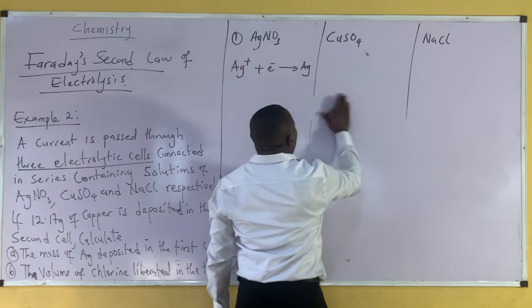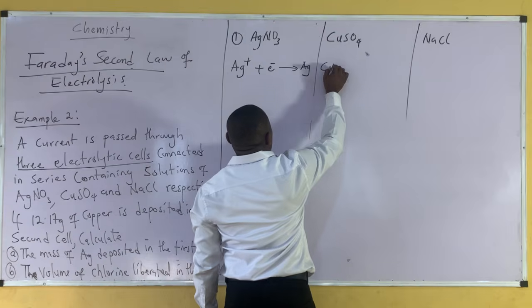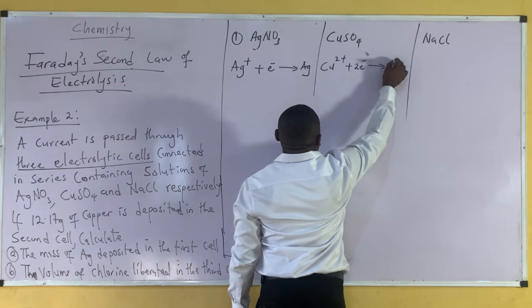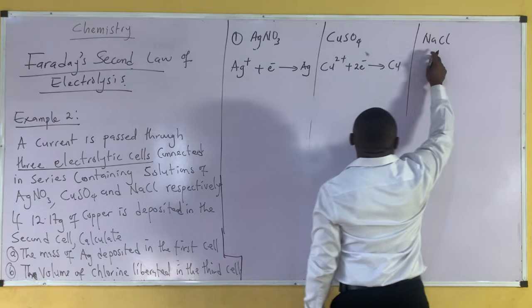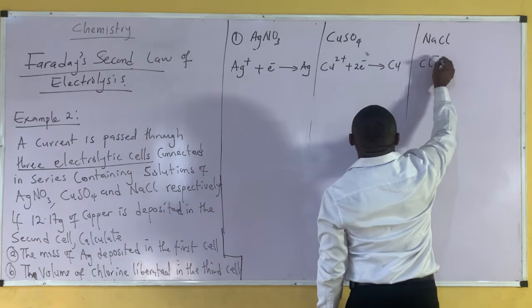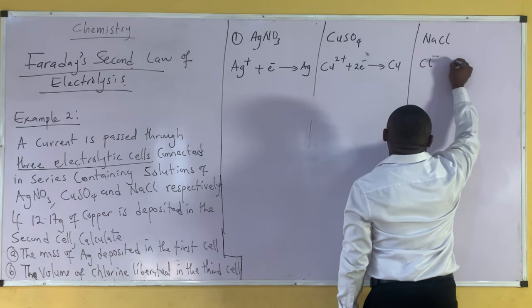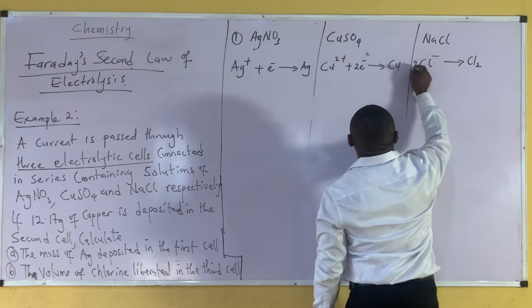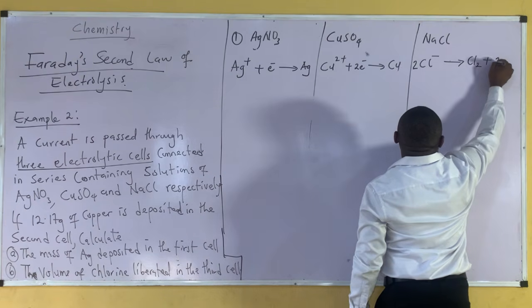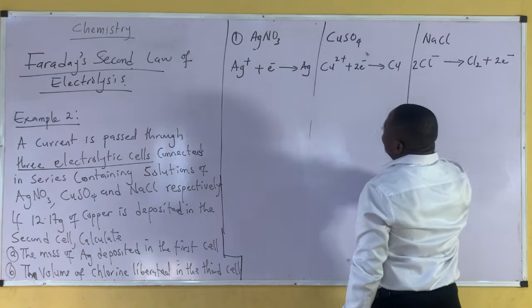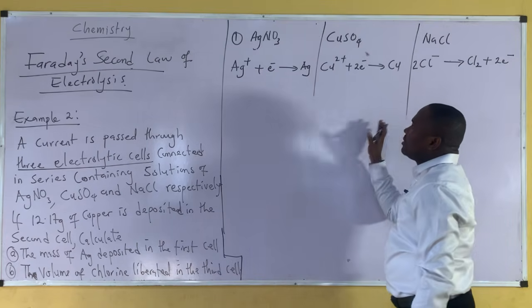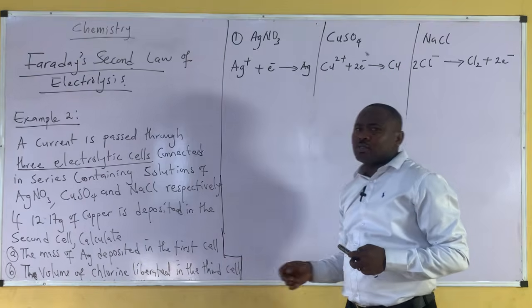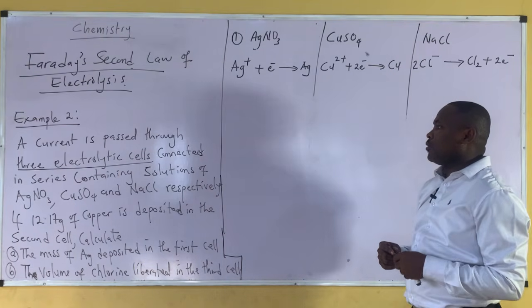For copper, it will be Cu2+ plus 2e- to give us Cu. For chlorine, it will be Cl- giving us Cl2, so we put 2 here, then plus 2e-. So these are the half-cell reactions of each of the elements that we will be looking out for here.